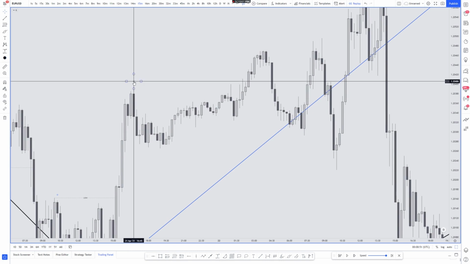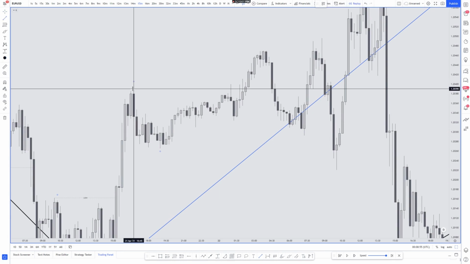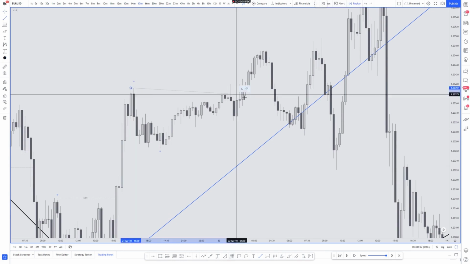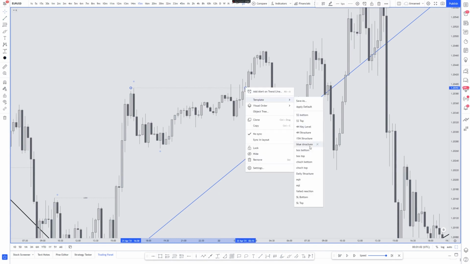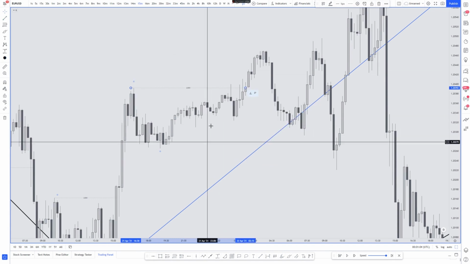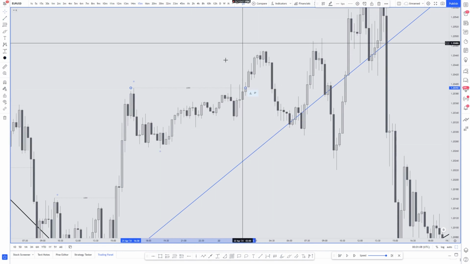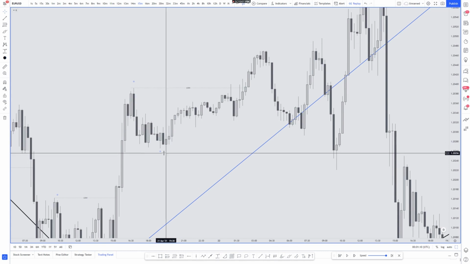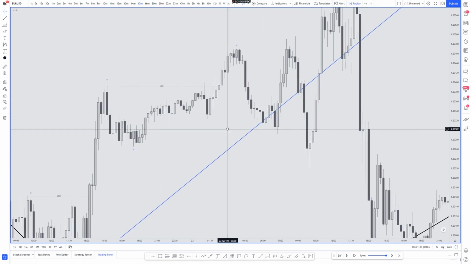Now obviously here we definitely have enough of a pullback. That is the lowest point. Once again, we take the high here and the bullish momentum continues. We don't really have any significant pullback here, so the push continues right on through.